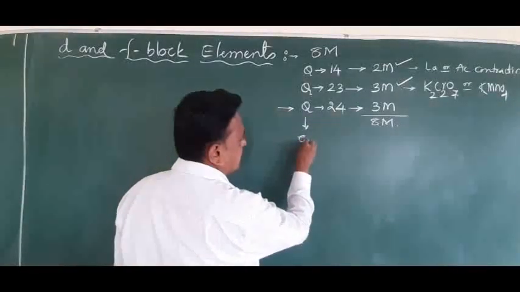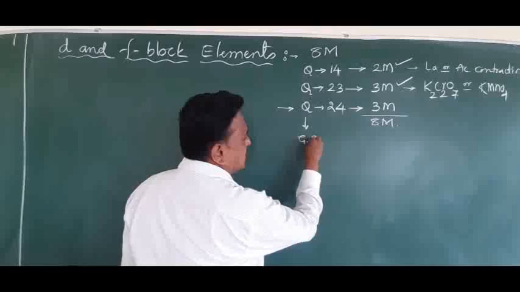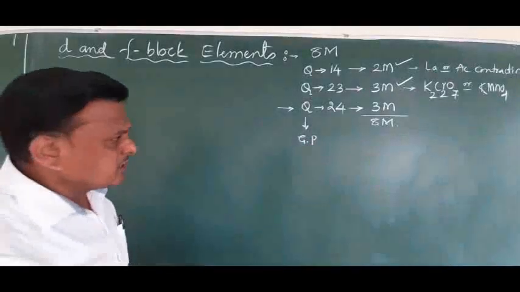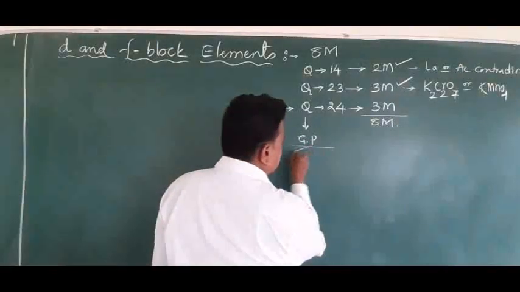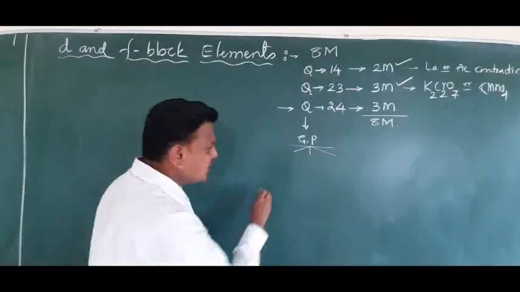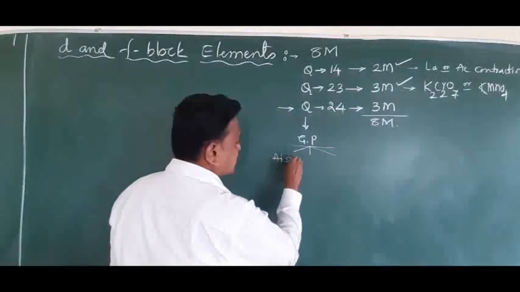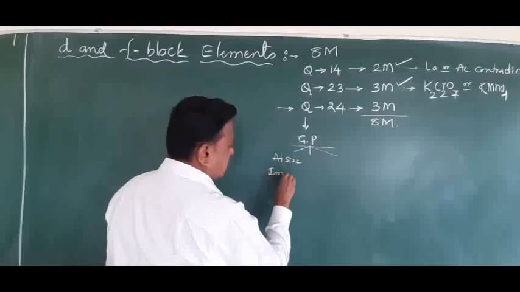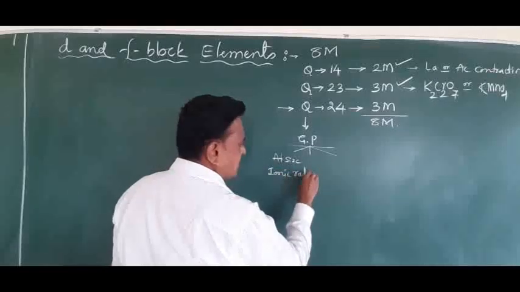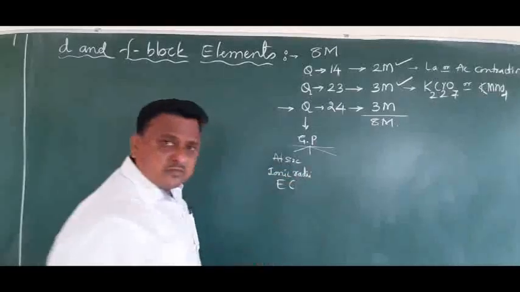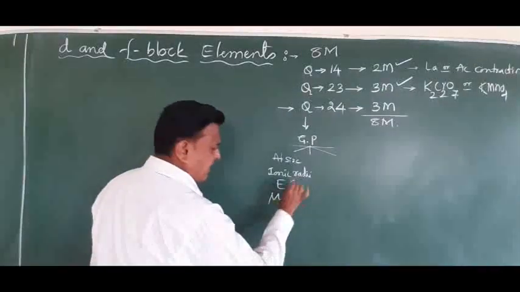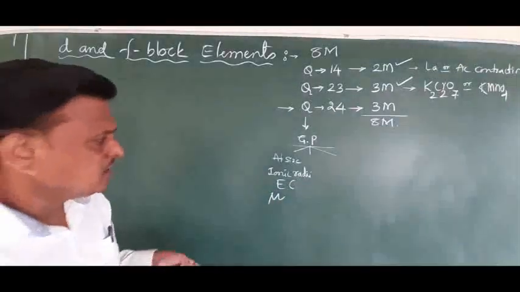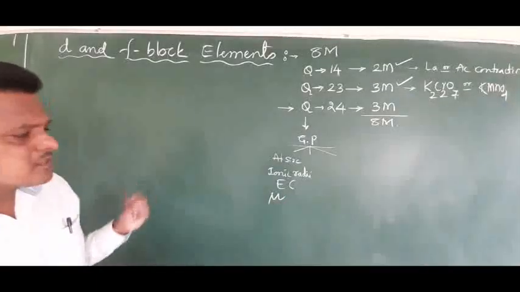It is regarding their corresponding general principles. The various general properties that come under the topic D block: atomic size, ionic radii, electronic configuration, or calculating the magnetic moment, the mu value. These are some general properties.